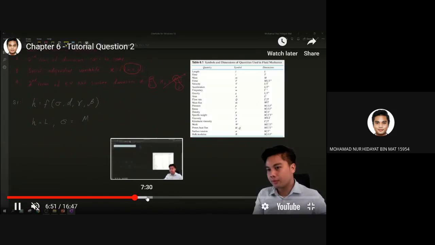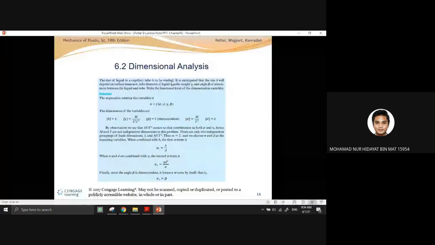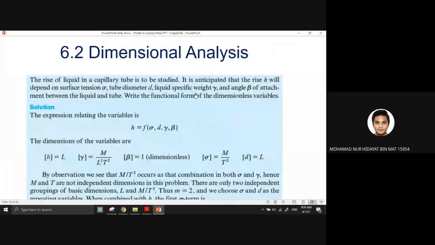Okay, so here step number one is we need to form the function. The question asks about the rise, that means the rise h is a dependent variable.